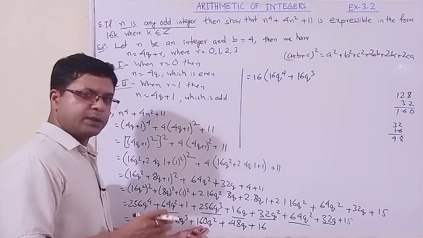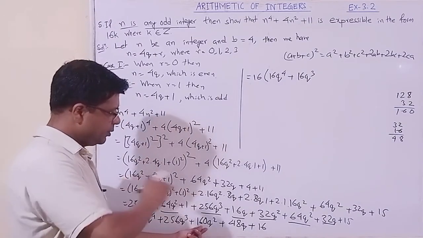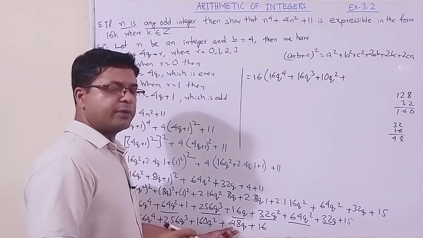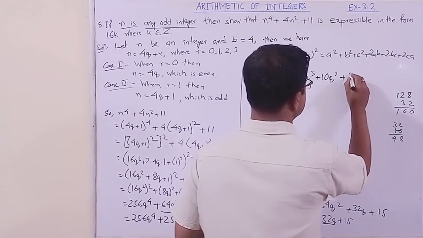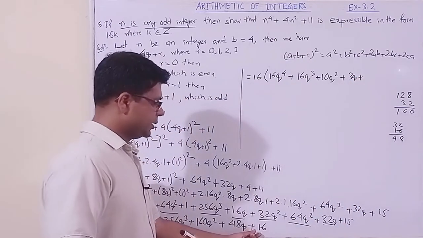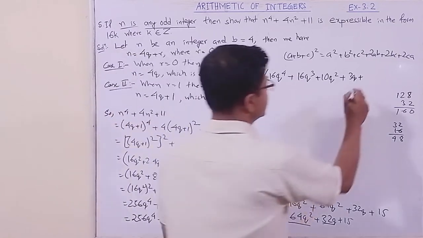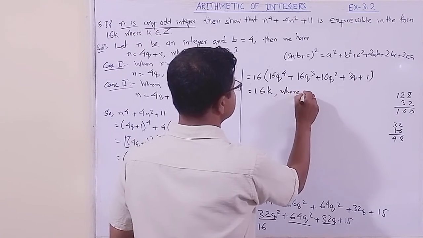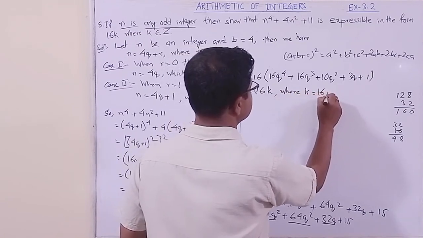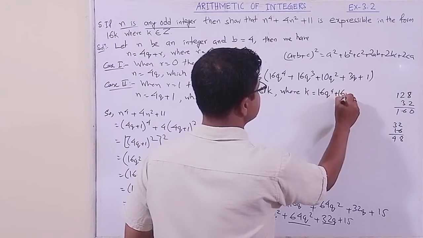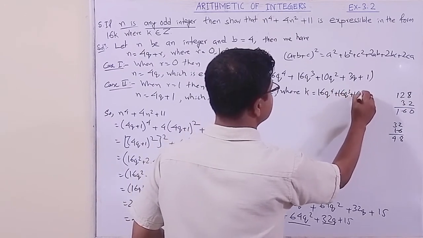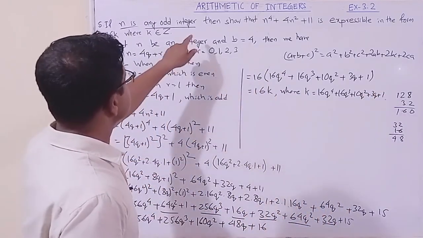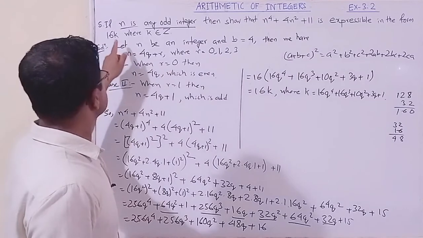Then 160 means 16 into 10, 16 is taken common, 10 will be left, 10q square. Plus 48, which is 16 into 3, so 3q, plus this 16 is 16 into 1, so 1 will be left. So this is 16k, where k equals 16q to the power 4 plus 16q cube plus 10q square plus 3q plus 1. So this is expressible in the form of 16k.